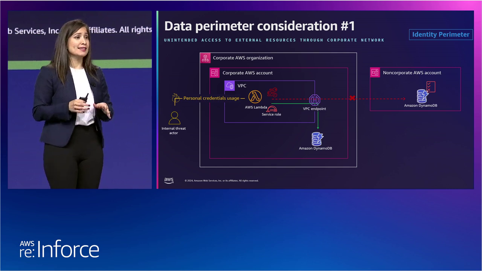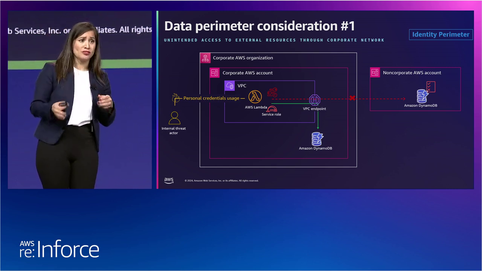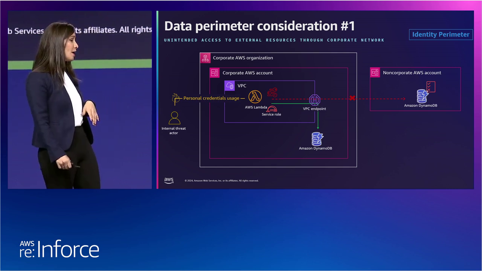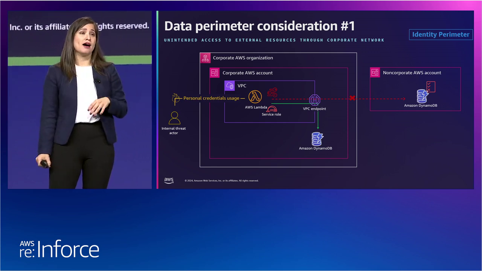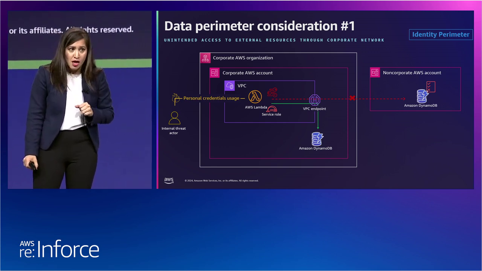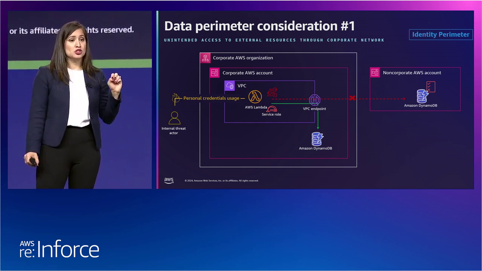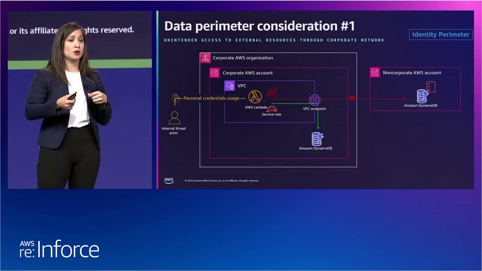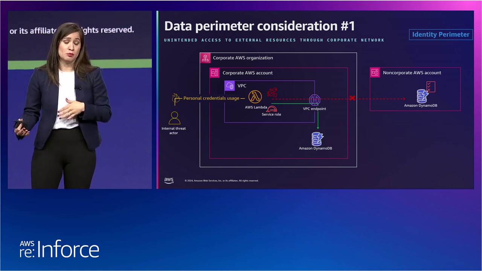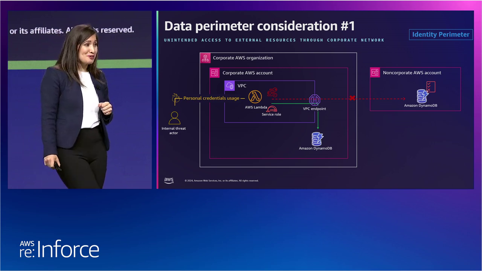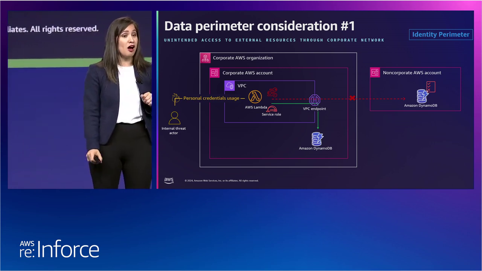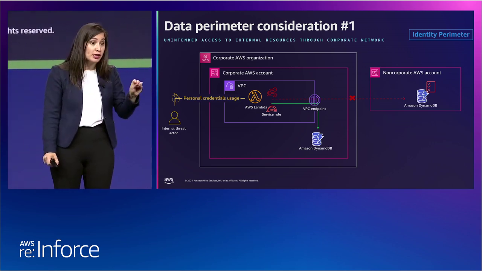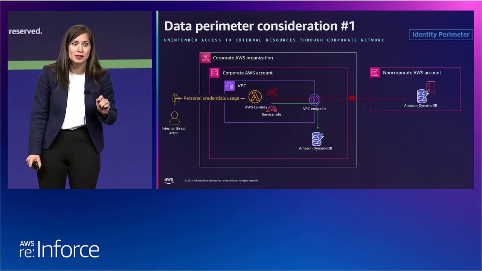I will give you two examples of how this can happen. But let's say that you have an application that is using Lambda to write employee information into an Amazon DynamoDB table. Now, unfortunately, one of the developers that was working on that application was terminated.